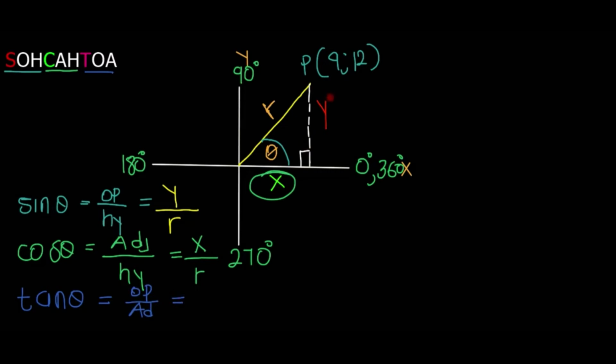So our opposite is y and then our adjacent is x. This means tan theta is equal to y over x. So this information is very important.